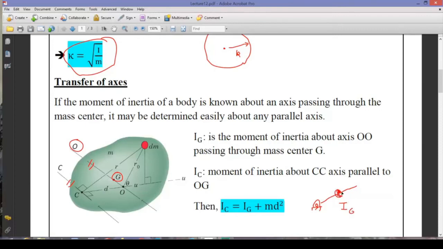Okay, so IG is calculated there, but then you're interested in finding the amount of torque that you need to apply here to rotate this rigid body.